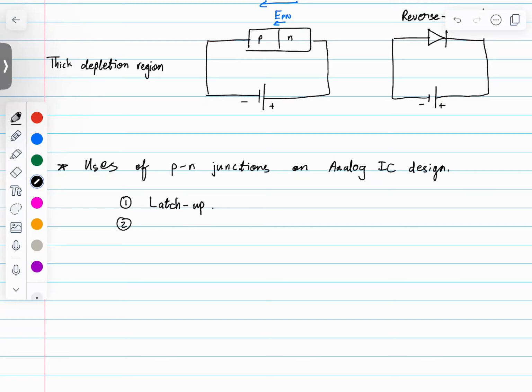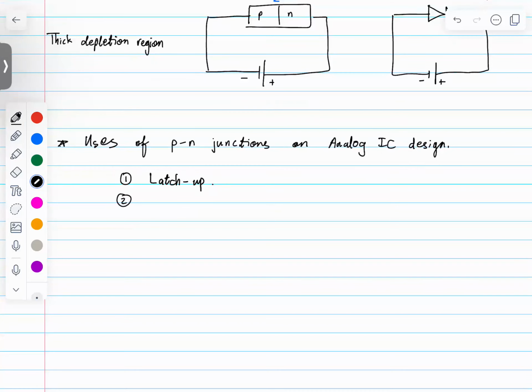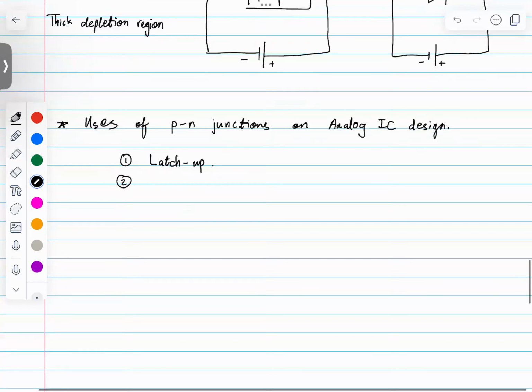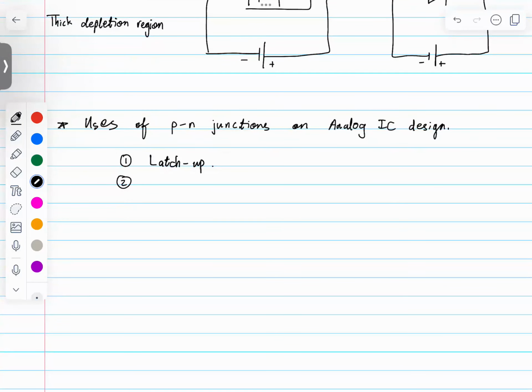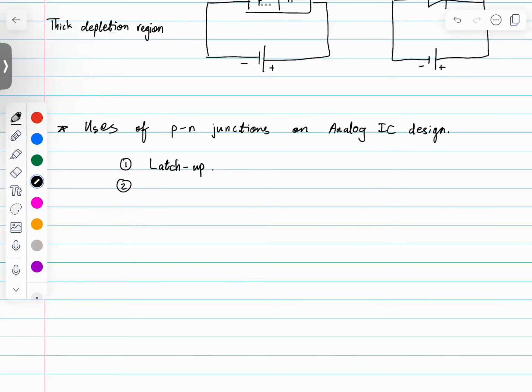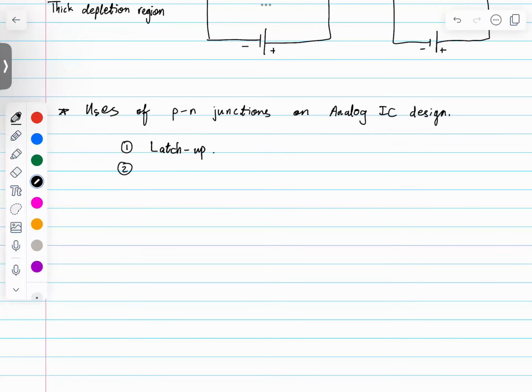That's basically called latchup. I think there are checks for that while you're doing layout. It's something that we don't want and we want to get rid of, and it's caused by these unwanted PN junctions in our design.